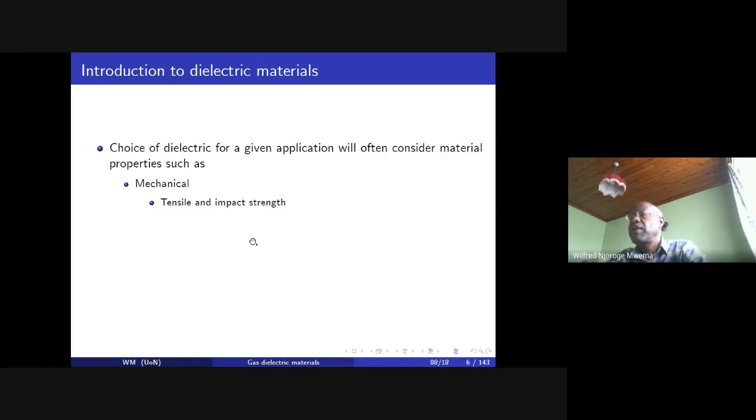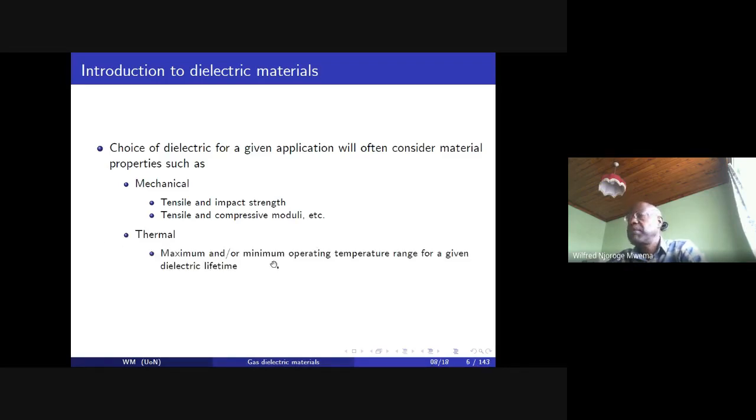Tensile is when you are exerting tensile forces on it, especially for insulators used, for example, on power transmission lines. The tensile or compressive moduli, such as Young's modulus and the bulk modulus. And two, it could be thermal, that is, what is the maximum or minimum operating temperature range for a given dielectric lifetime.